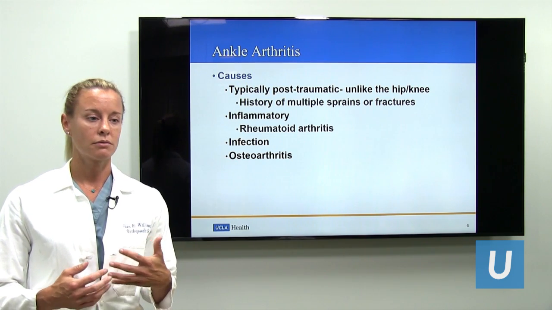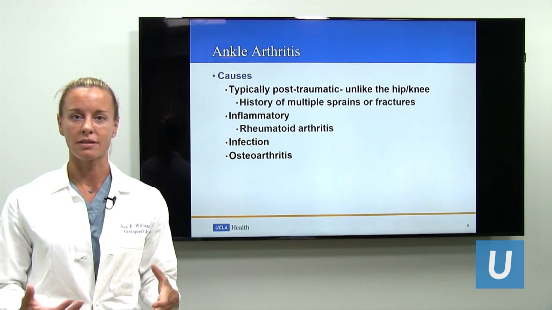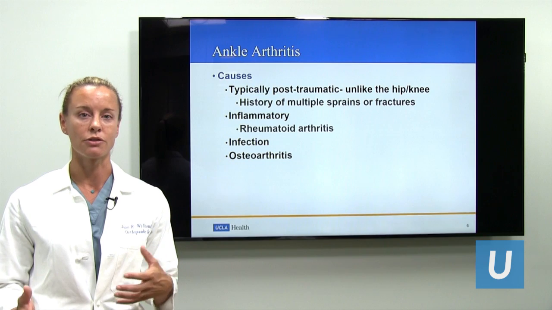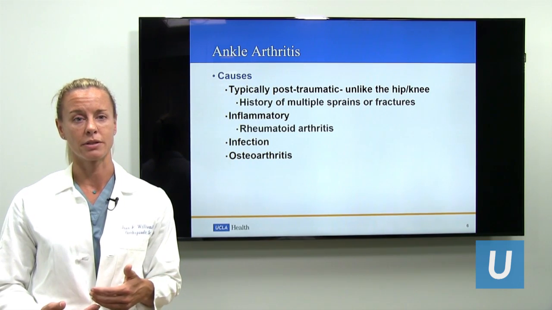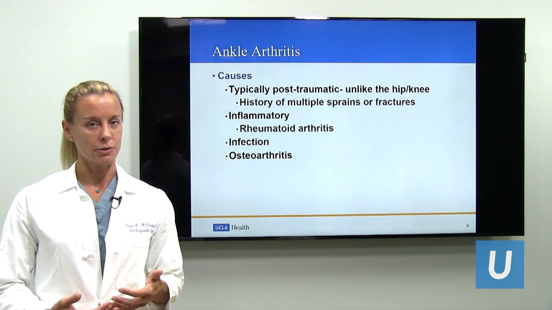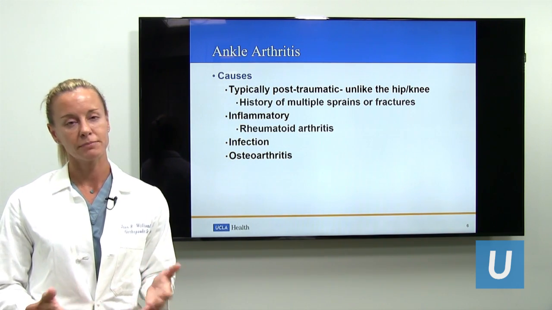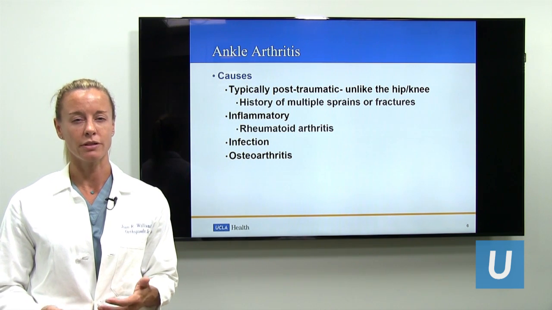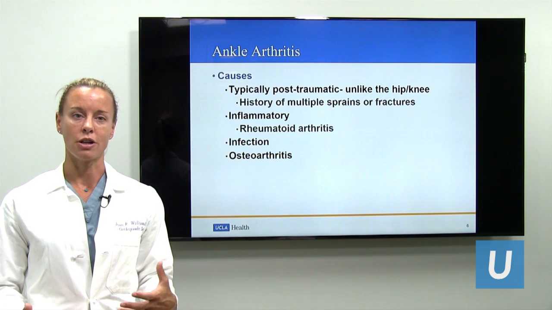It can be someone who's had multiple ankle sprains in the past, or someone who just has loose and unstable ankles and may have injured them throughout the course of their life. The other reason we typically see it is from inflammatory arthritises, like rheumatoid or other inflammatory diseases, or infection. And towards the bottom of the causes is that general osteoarthritis.